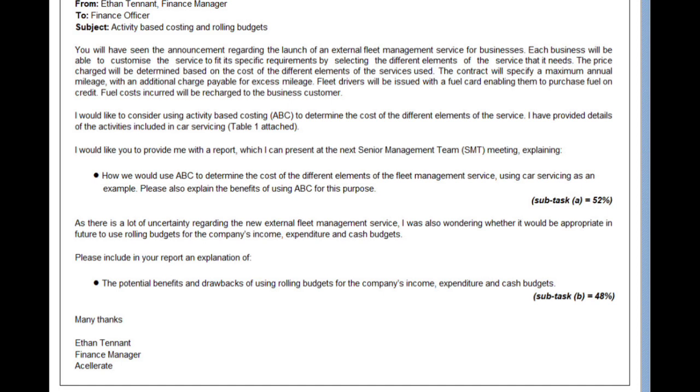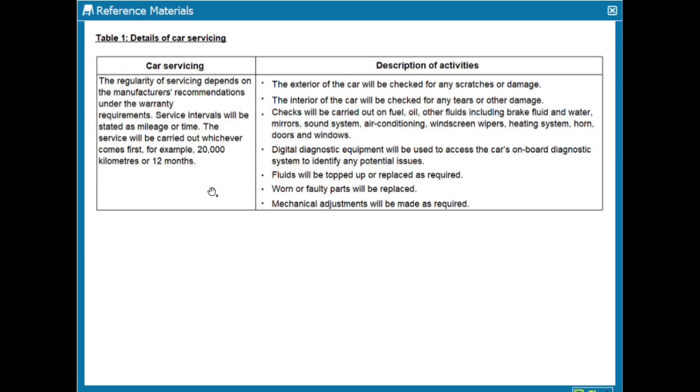Okay, so overall we have covered how to write an answer, how we would use ABC to determine the cost of different elements. As we are given these different types of activities, you need to understand. I'm not going into detail and giving you the answer that this should be the cost driver.